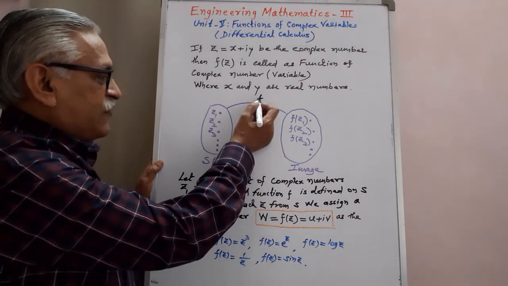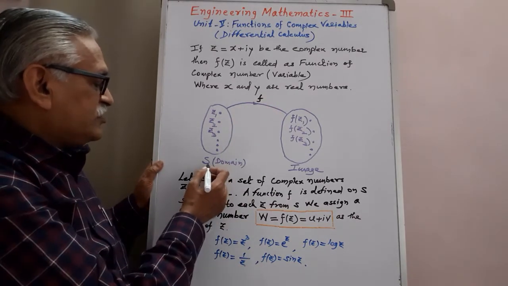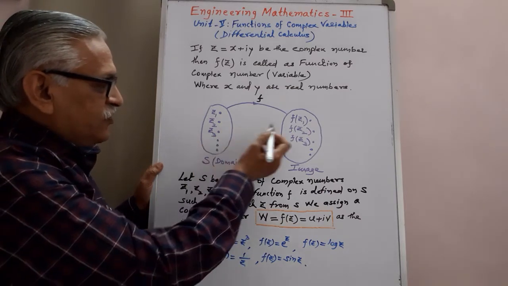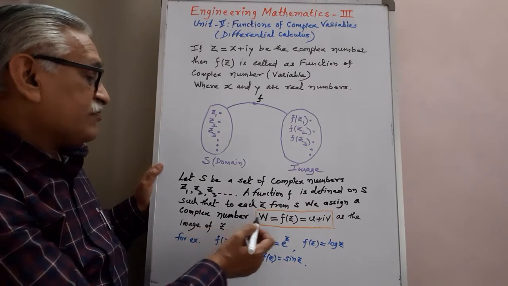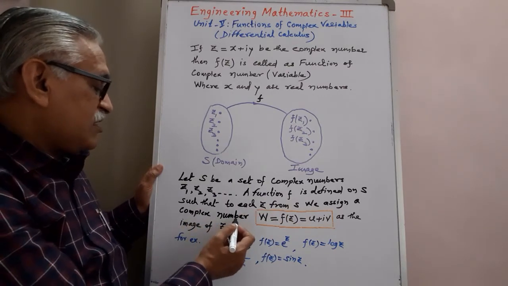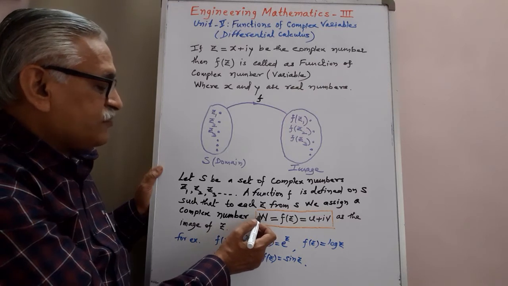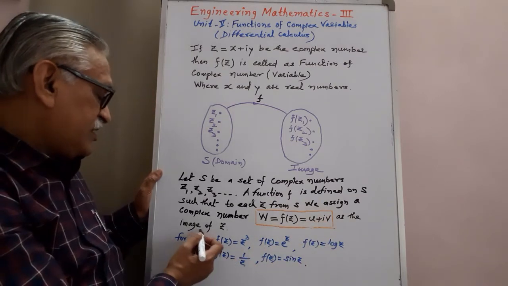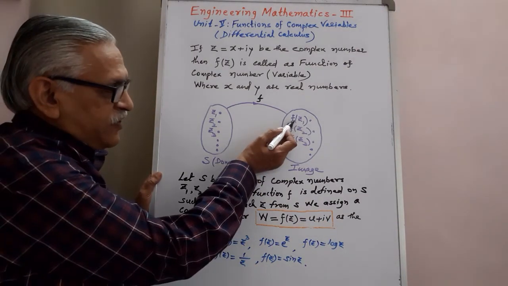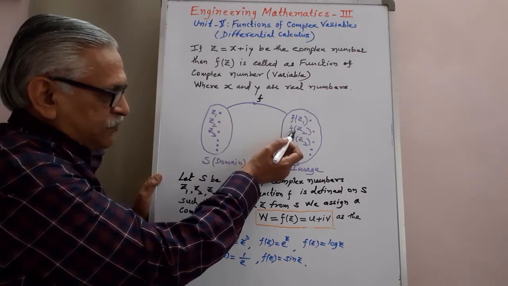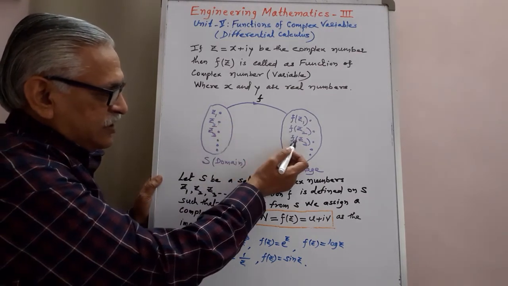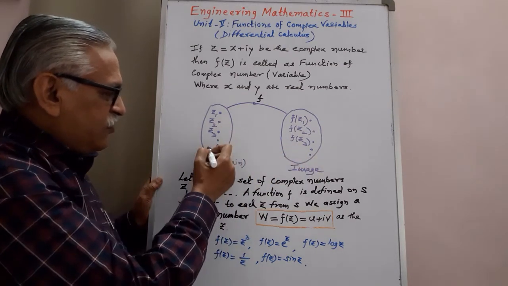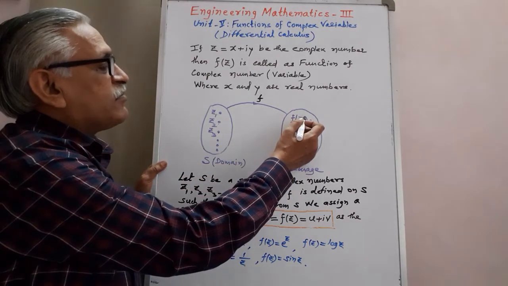A function f is defined on this S such that to each z from S we can assign a complex number w as a function of z equals u plus iv, as the image of z. Therefore, f of z1 is the image of z1, f of z2 is the image of z2, f of z3 is the image of z3. Like this, for each and every complex number we can determine its image.